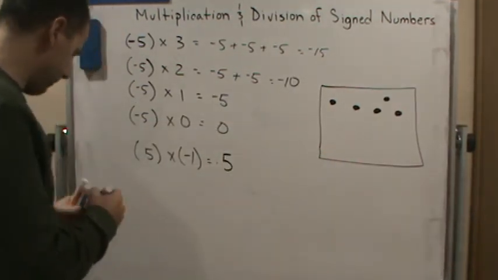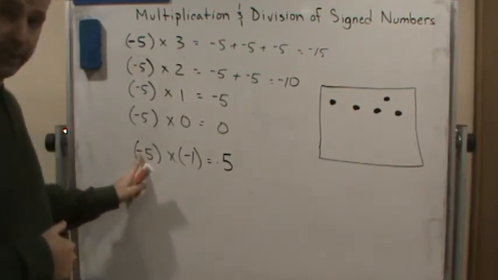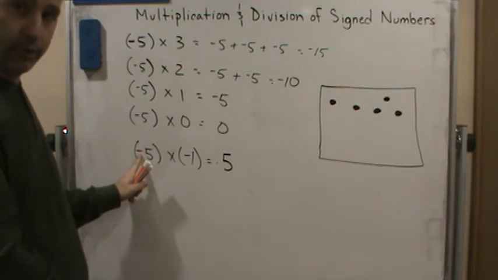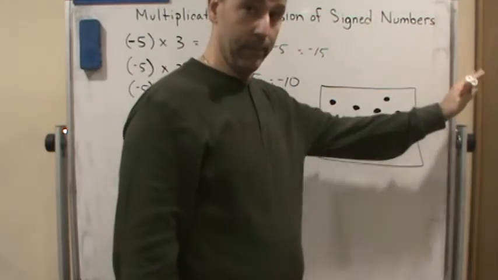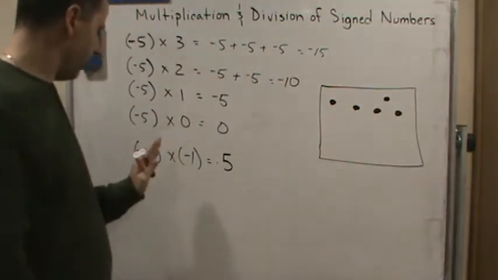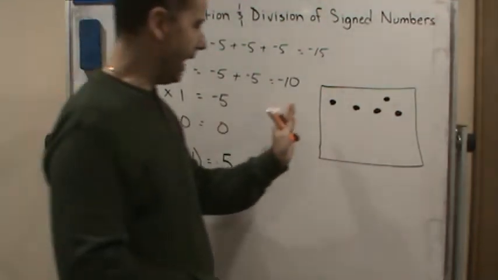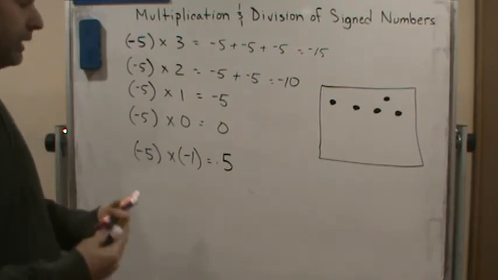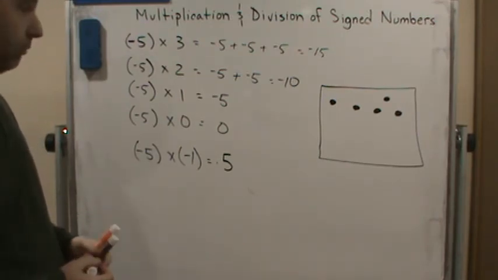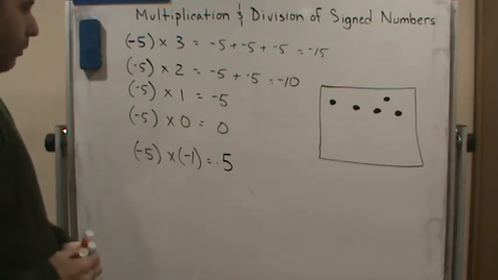But what if we have this? What if we have the -5 in there? This second negative means we're going to take it out of the circle or take it out of the rectangle. So we're going to remove them. So we're taking 5 groups of -1 and we're going to get rid of them. Well, again, I can't get rid of these without leaving something behind. So how does that work?